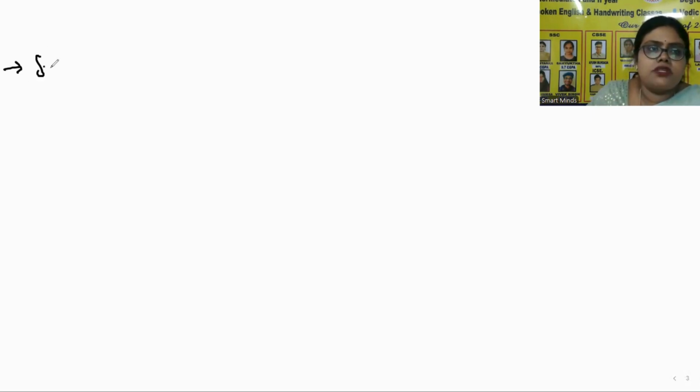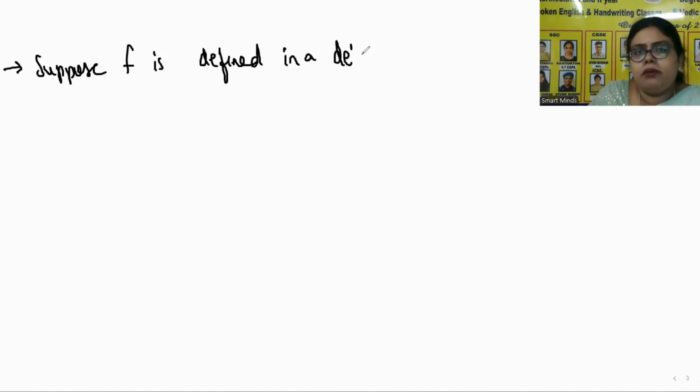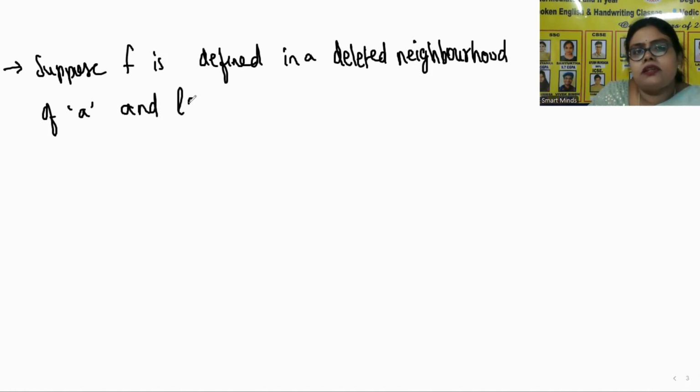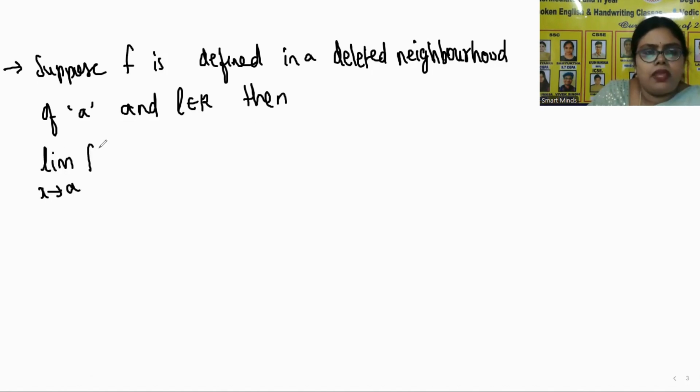Take the next point. Suppose f is defined in a deleted neighborhood of a and L is a real number, then limit x tends to a, f of x is equal to L. So if you are substituting, what does it mean?